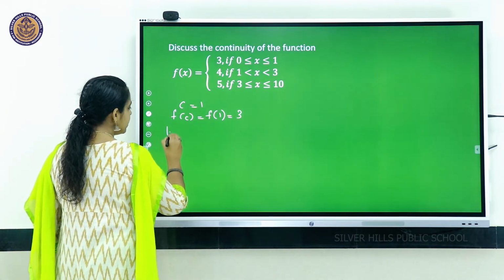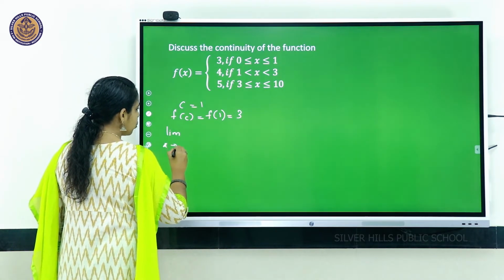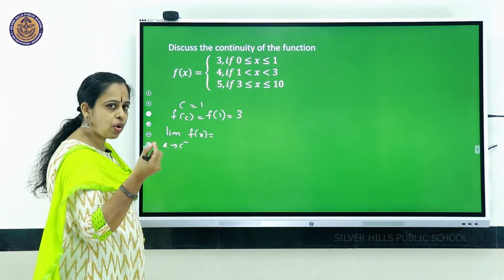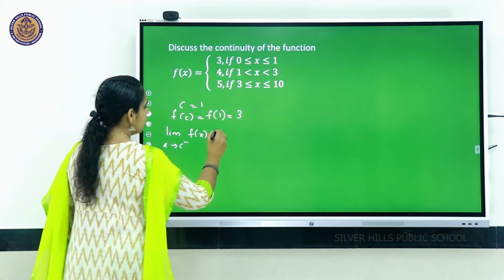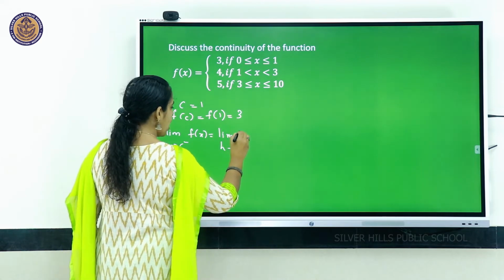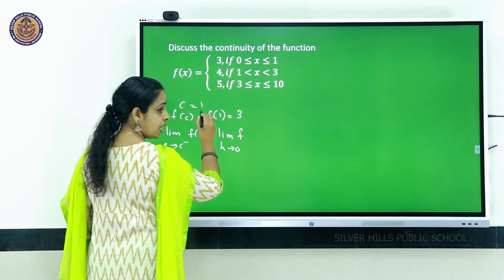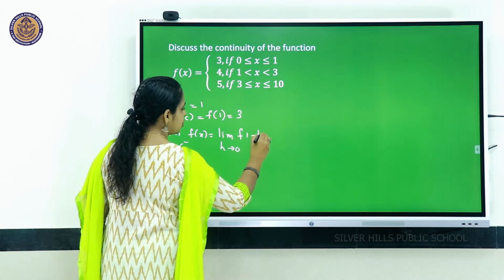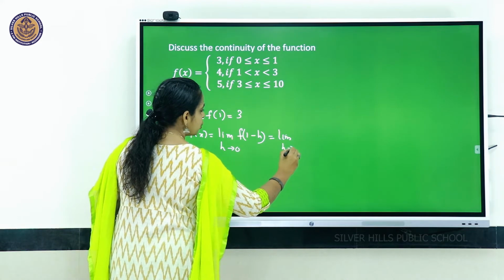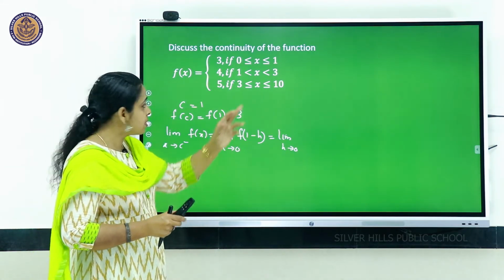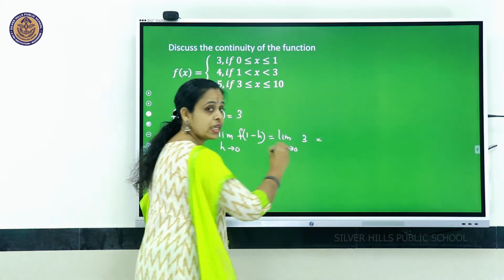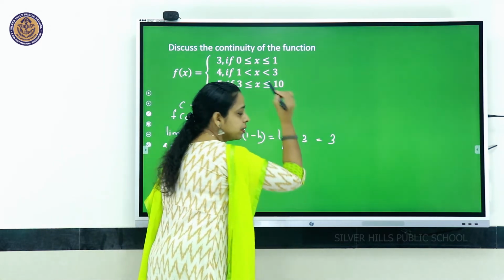Now, limit x tending to c minus f(x), a small quantity less than 1, limit h tending to 0, f of 1 minus h. Less than 1, it is taking 3. There is no h here, so constant itself, 3.